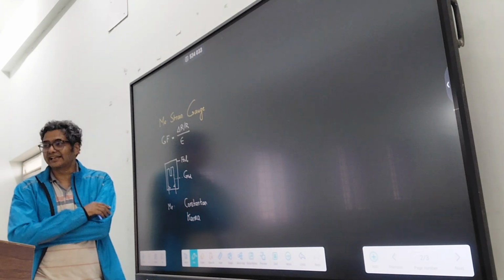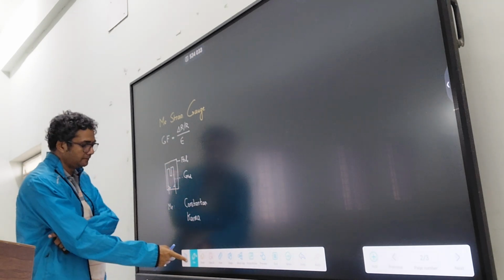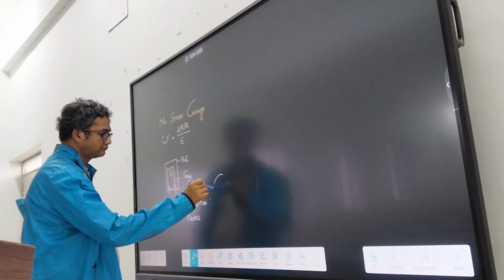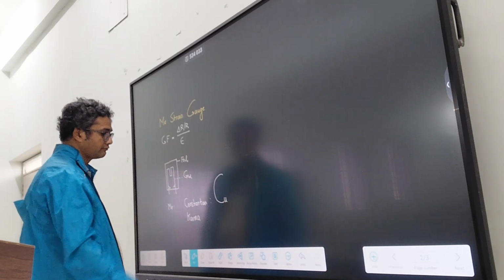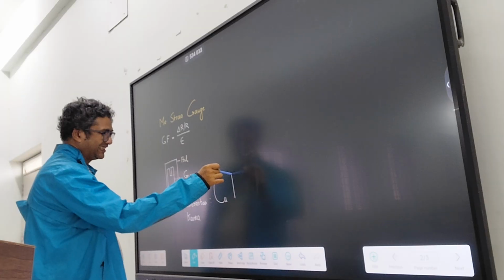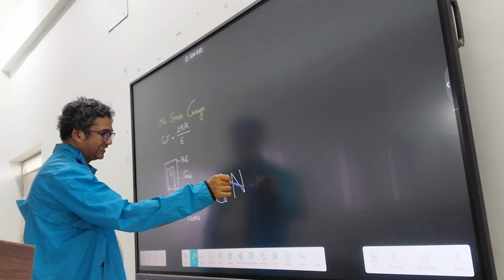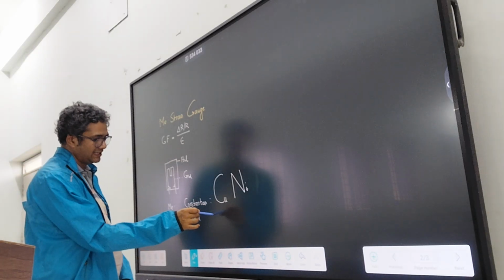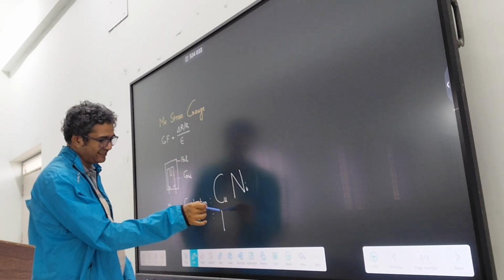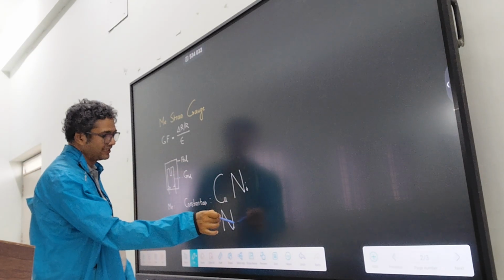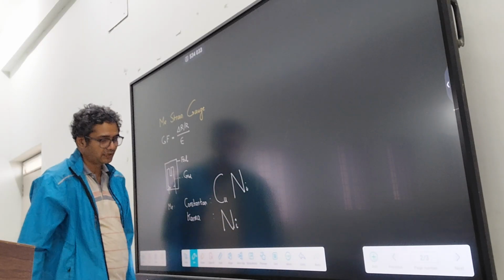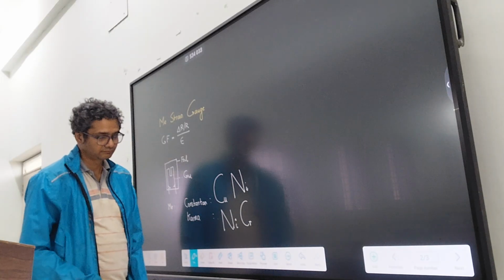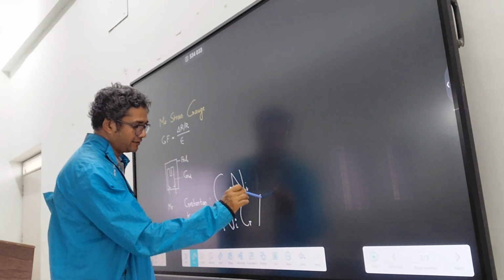Constantan is copper and nickel. So this is basically copper and nickel. And Karma is basically nickel alloy plus chromium plus aluminium.